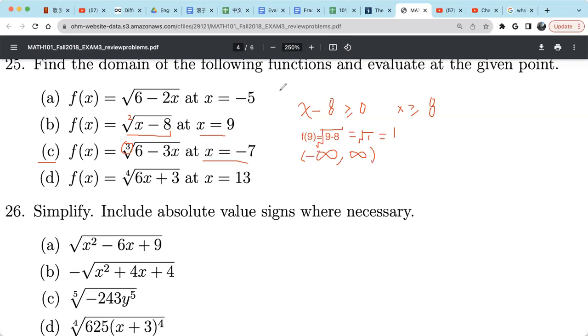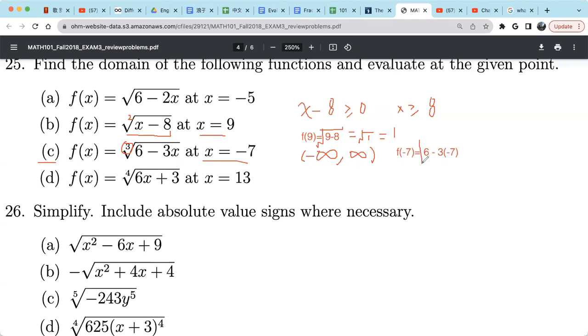For x equals negative 7, we want to find f of negative 7. We do the same thing. We have the cubic root of 6 minus 3 times negative 7. Just plug in the value given.